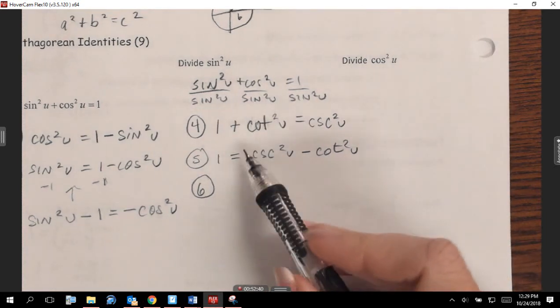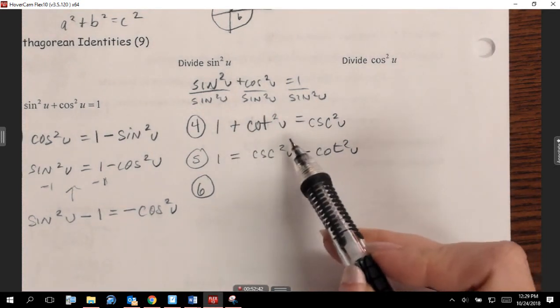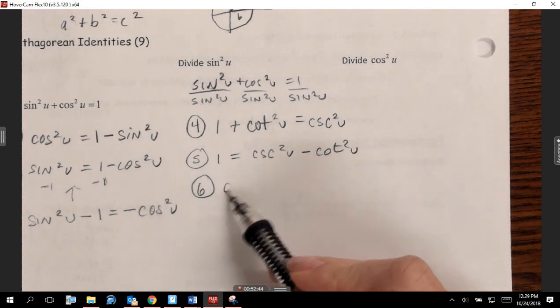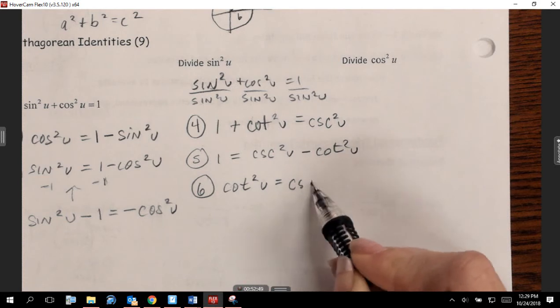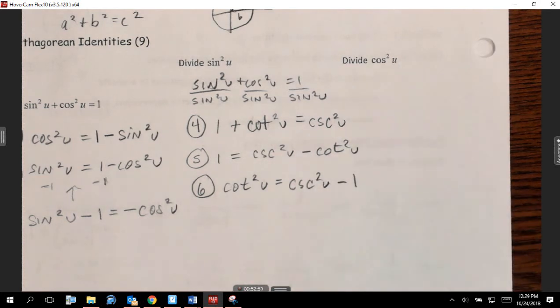Or I could have taken number 4 and subtracted 1 from both sides and have cotangent squared u equals cosecant squared u minus 1. Again, we're just manipulating these using rules that we've already learned in math.